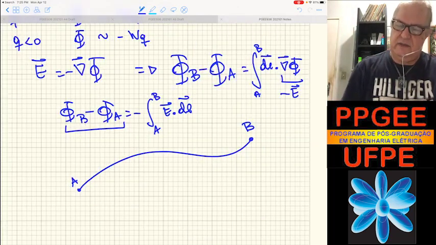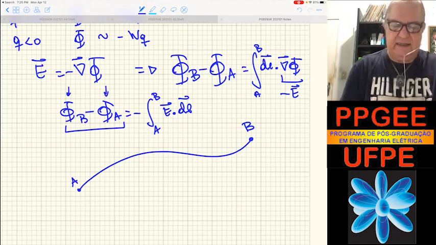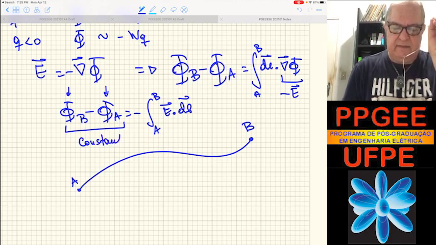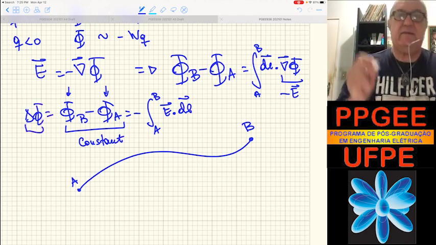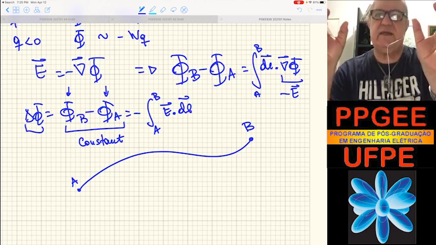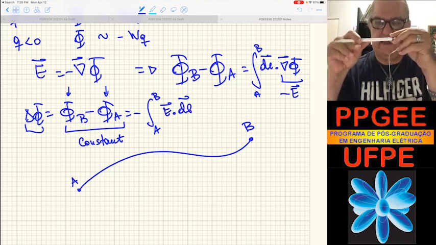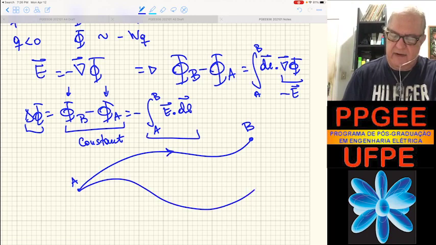So this has a single value, and this has a single value, and given points A and B, this delta phi, the potential difference between two different points, is always constant, because the potential is unique at any point in space. It means that this integral doesn't depend on the path going from A to B. You can go through any path, right?